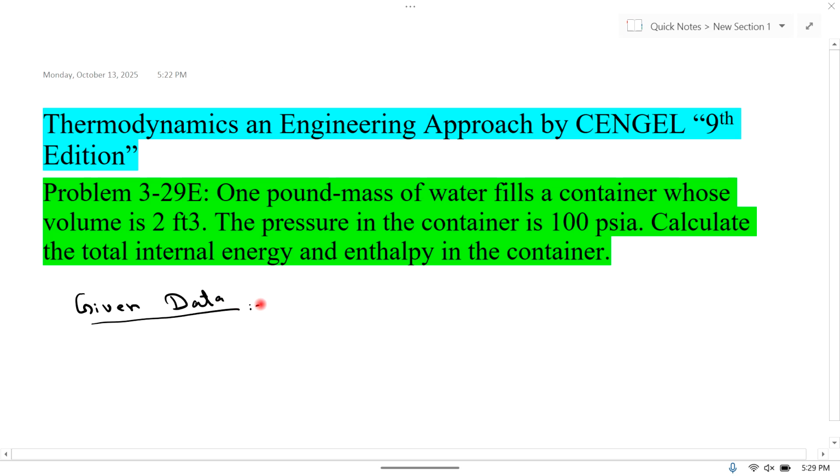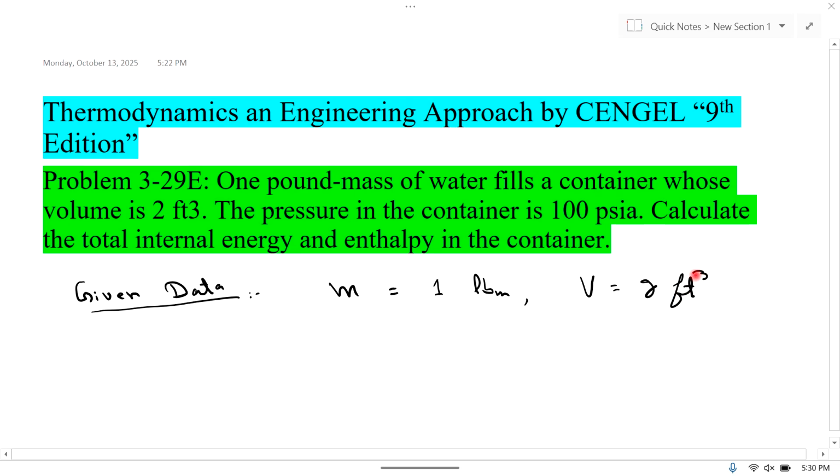In the given data, mass is given to us as 1 pound mass of water. It means that the mass of water is 1 pound. The total volume is given to us as 2 cubic feet. The pressure in the container is 100 psia.